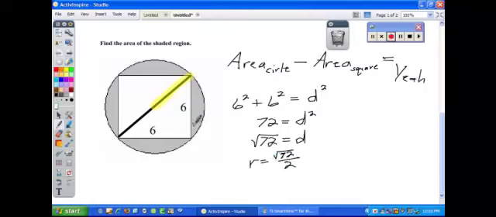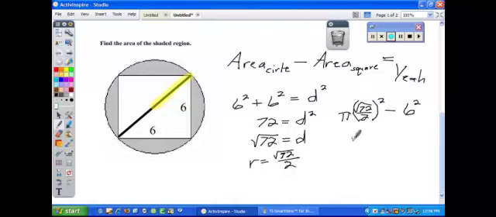So now I know the radius, so the area of the circle is going to be pi r squared, so root 72 over 2, square the whole thing now, including the bottom, don't forget that. That's the area of the circle. Minus the area of the square, which is just the side squared, so 6 times 6.